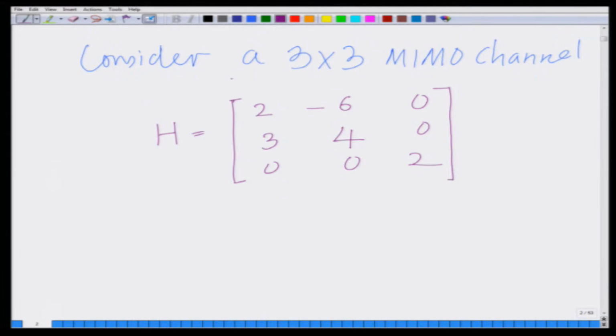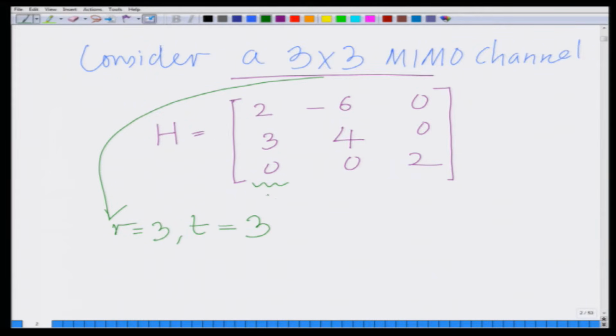So, this is a 3 cross 3 MIMO channel, which means that my R is equal to 3, my T is equal to 3, that is number of receive antennas is equal to 3, number of transmit antennas is equal to 3, my channel matrix H is this 3 cross 3 channel matrix.